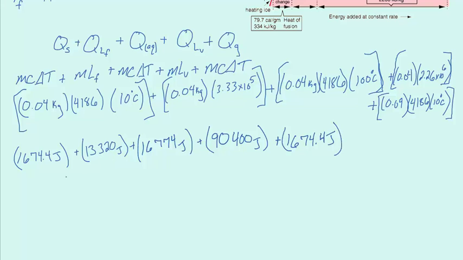And if we add this together, we see that our total amount of energy added into the system is equal to 123,812 joules, or we can rewrite this as 124 kilojoules of energy.